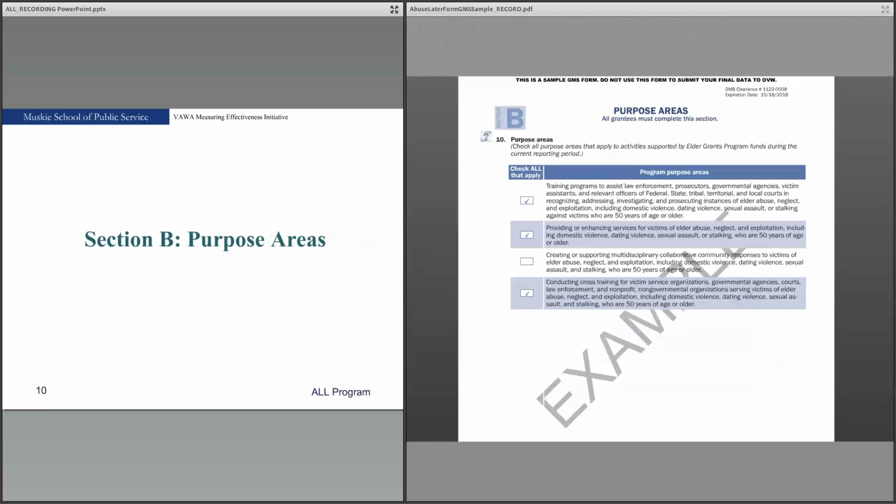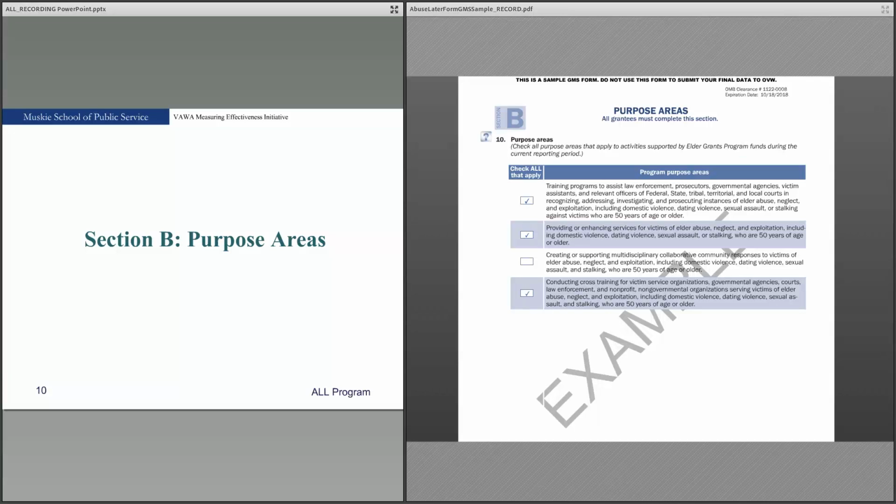Now for our next section, Section B, purpose areas. Section B is asking you to choose all statutory purpose areas that apply for your grant. All purpose areas for which you have grant-funded activities during the current reporting period should be checked off. If you're not sure which purpose areas apply to your grant program, you should refer to your grant proposal.